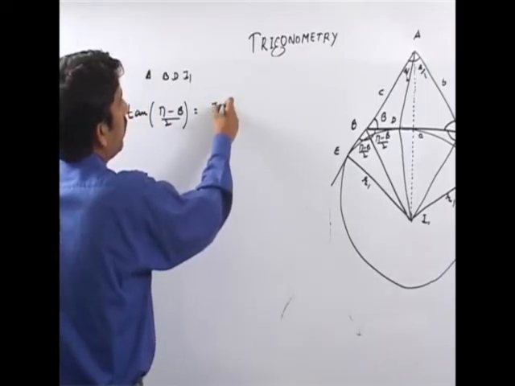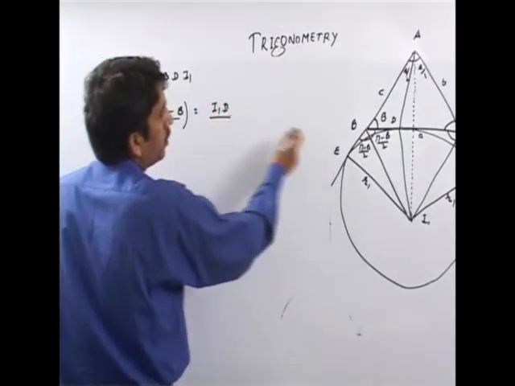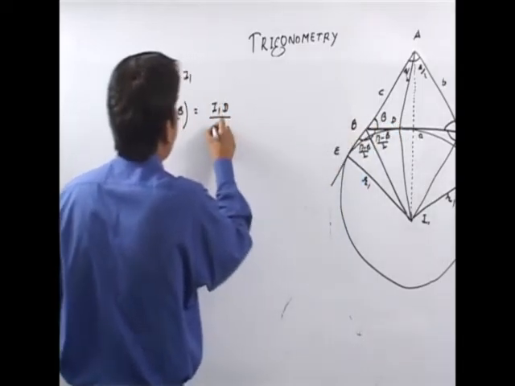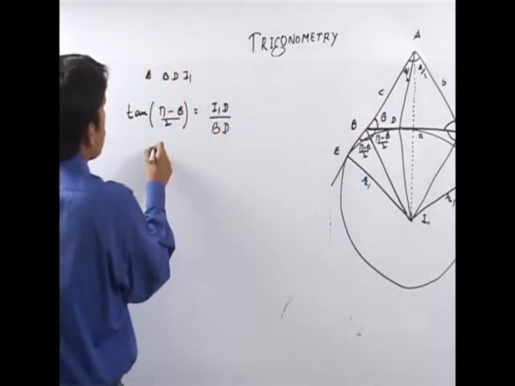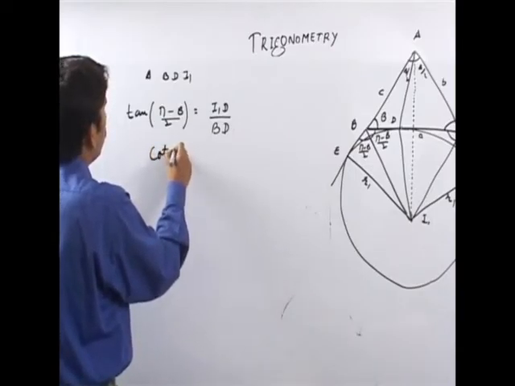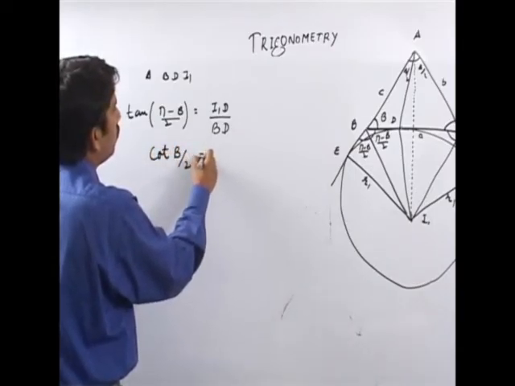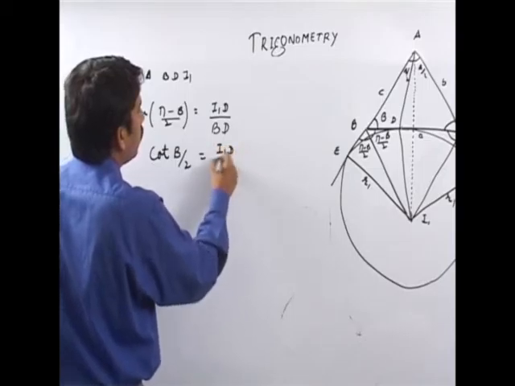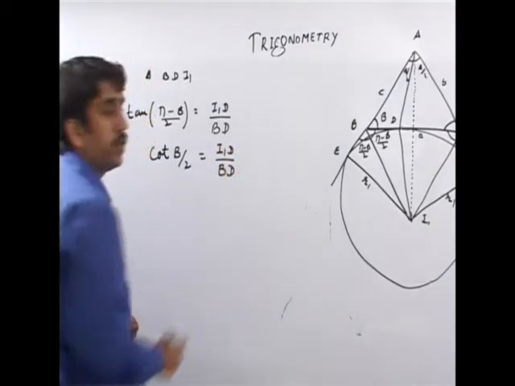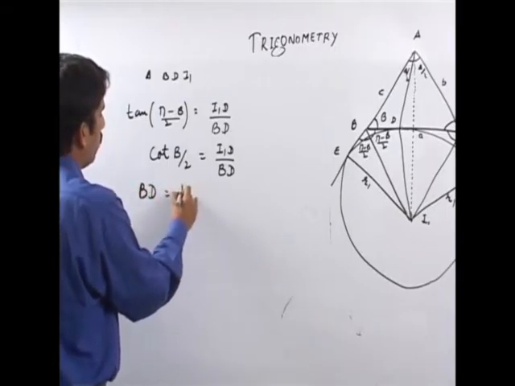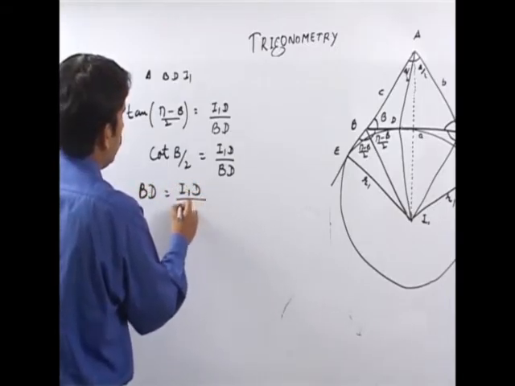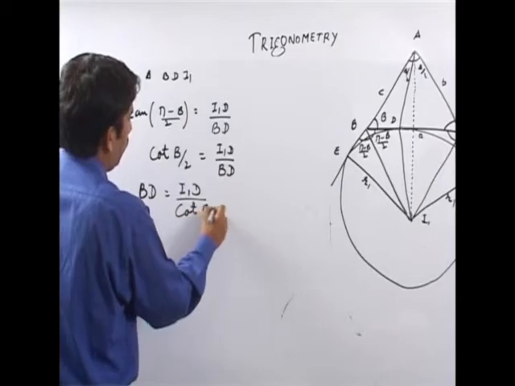That means I1D over BD. So this is equal to cot of B by 2, I1D over BD, and from here BD will be equal to I1D over cot of B by 2.